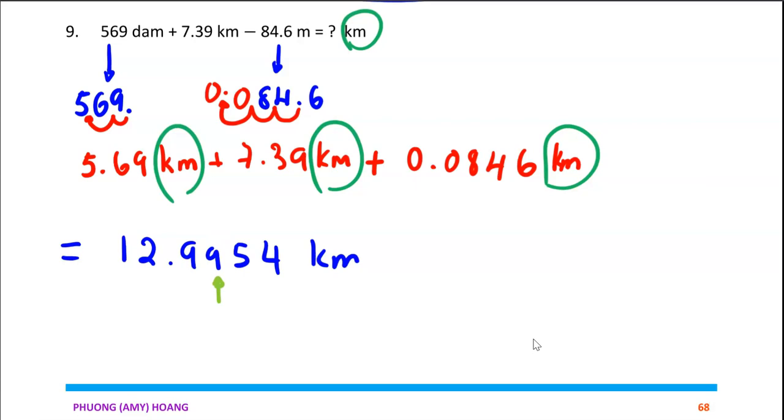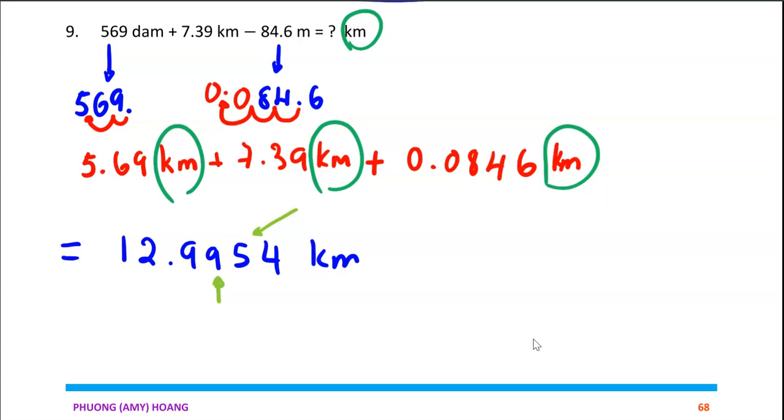Okay, in unit 1, there is a lesson for rounding numbers. So in this case, I just quickly review for everyone. When I round number 9, that means I need to look at the number 5. That means I have to look at the number to the right of the number that I need to round. If this number is equal to 5 or greater than 5, then I have to increase the number that I have to round by 1.